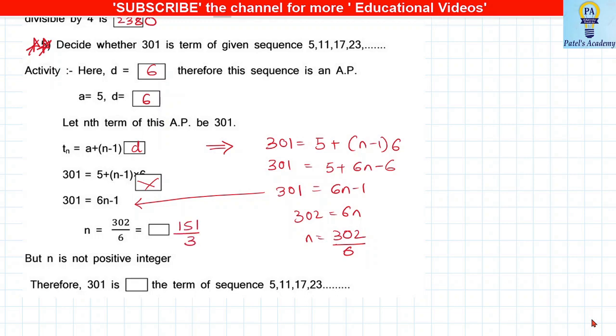Now 151 upon 3 is not a positive integer. Number of terms cannot be in decimal. So my answer is 301 is not a term of the AP. This reason is very important: n is not a positive integer.